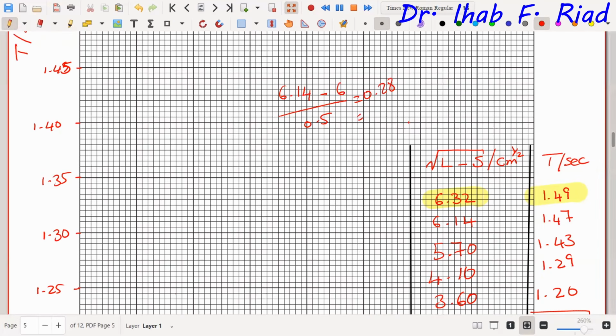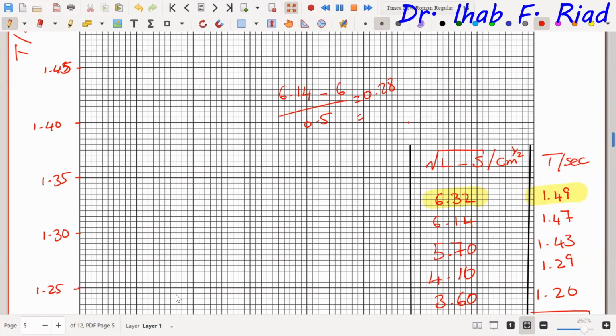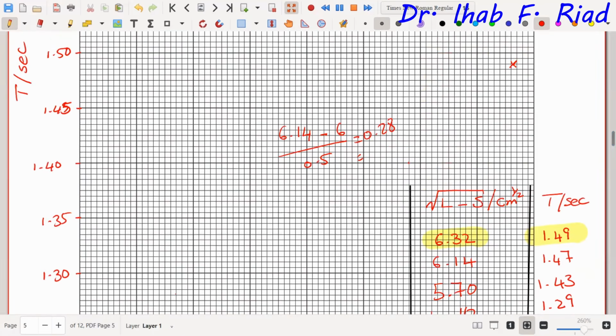So it is 2 squares and almost the third one. Yes. Okay, and we have 1.47. Again, somewhere here. So this is 6, this is 1, this is 2, almost here.